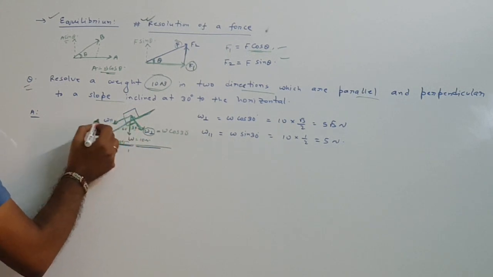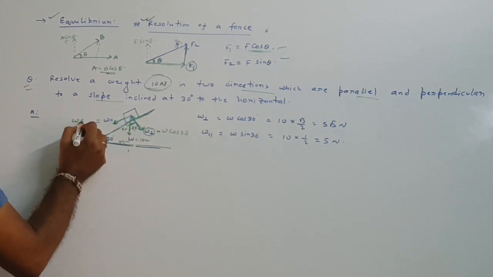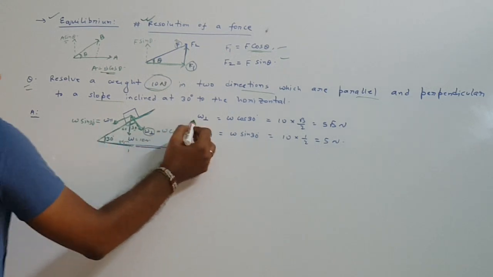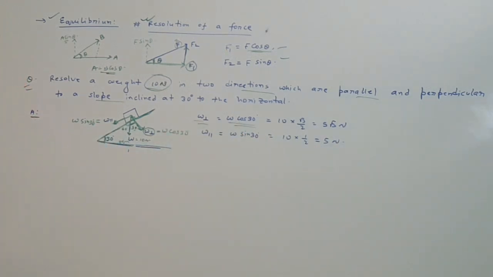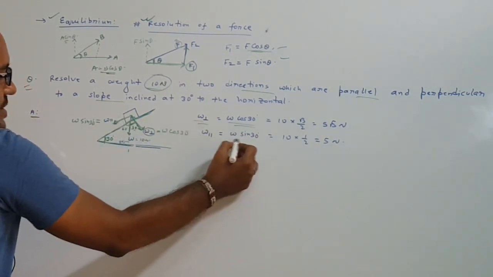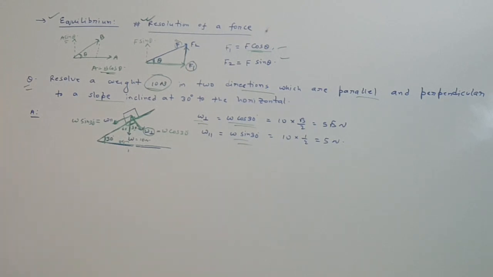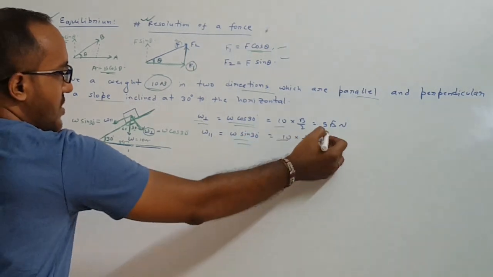And this is your parallel component, so this would be W sin 30 degree. So our perpendicular component would be W cos 30 degree and our parallel component, or sine component, would be W sin 30. Now put the value 10, you will get 2.